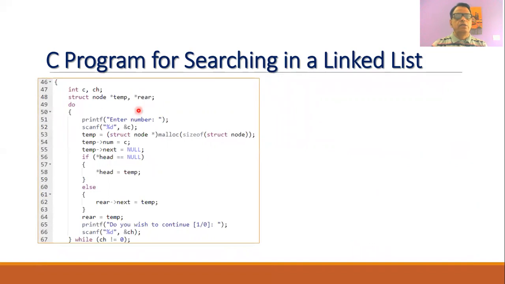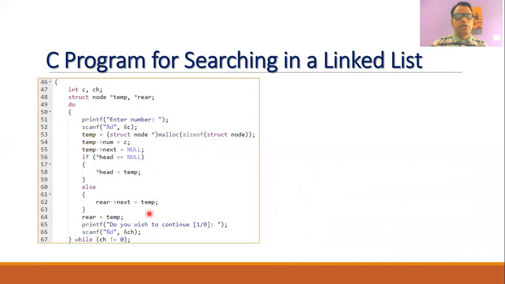In this case, we will make use of a do while loop and we will ask the user to enter the number, and then we will create a temporary variable where the memory allocation can be done by using the function malloc. Then we will assign the value entered by the user as the node value and then we will set the pointer value.